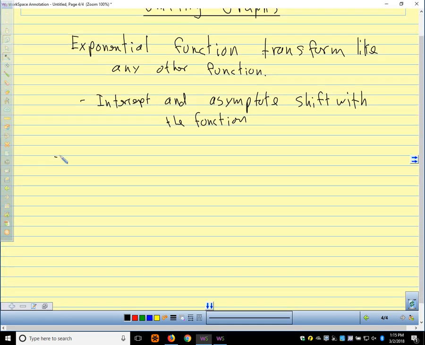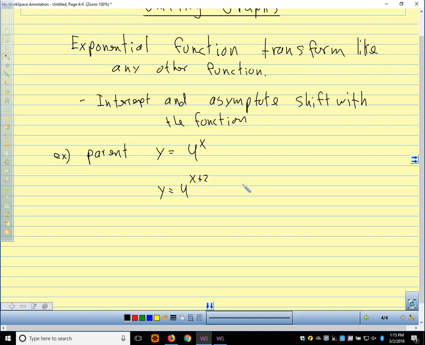So for example, what if our parent function is y equals 4 to the x? I just want to describe what this function does. Y equals 4 to the x plus 2. So what happens when we add something inside the function?